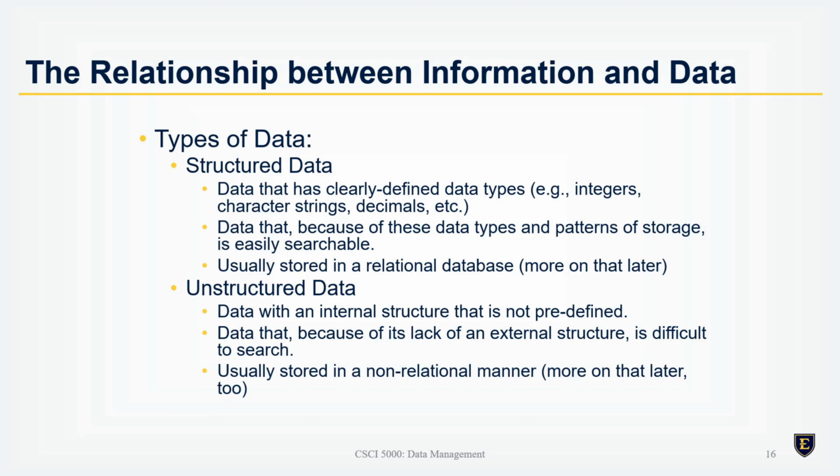So we can look for integers with a certain set of parameters. We know that it's a number between 150 and 200, for example. So we can search using that term because the data type tells us that that's what type of data is there. Structured data is usually stored in a relational database.